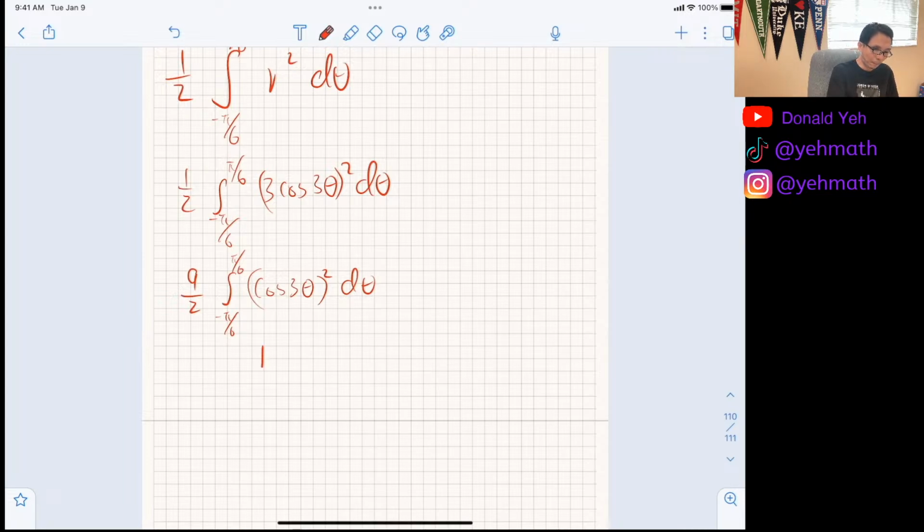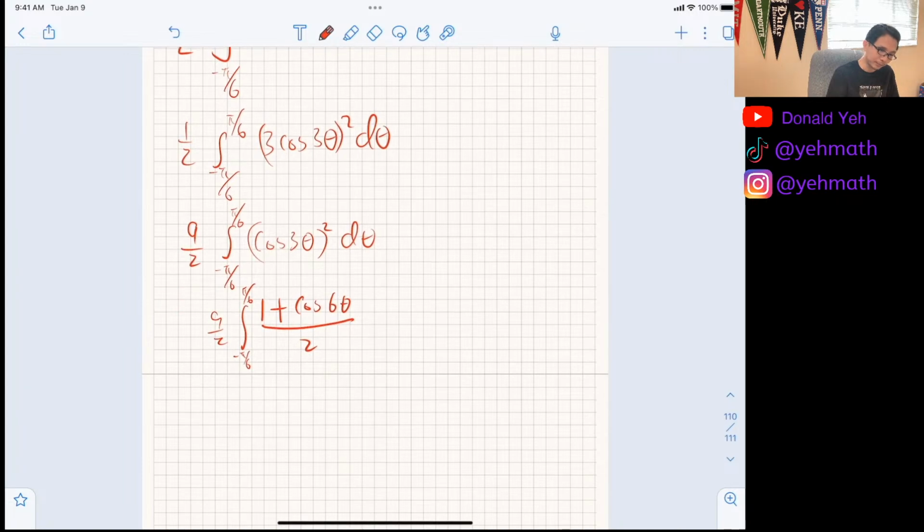You do 1 plus cosine 6 theta over 2. There it is. Because if theta equaled 3 theta, then you multiply by 2, which is 6 theta. Big brain moment, right? That's so smart.